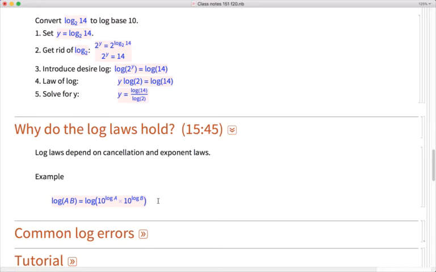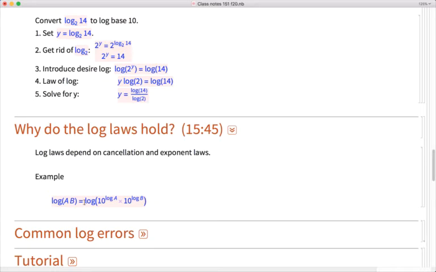We just stated the log laws at the very start. Log of a times b is equal to log of a plus the log of b. I don't think I'm going to ask you to prove these laws, but just so they're not entirely mysterious, all these laws rely on are the cancellation laws for exponents and exponentials and logs, and then exponent laws that you already know or need to review.